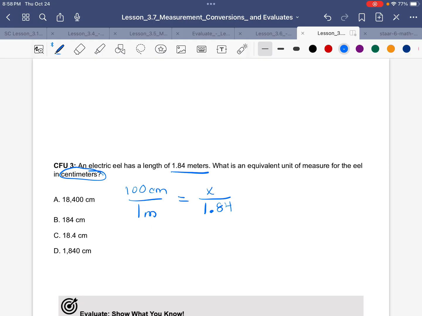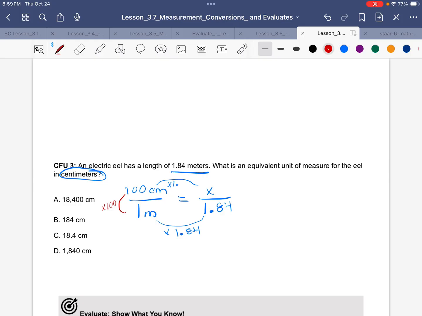From here to here, you know that's times 1.84, right? You also know that to go from here to here, this is times 100. So you can go both ways. Technically I would have to divide, so I would do the red one here.